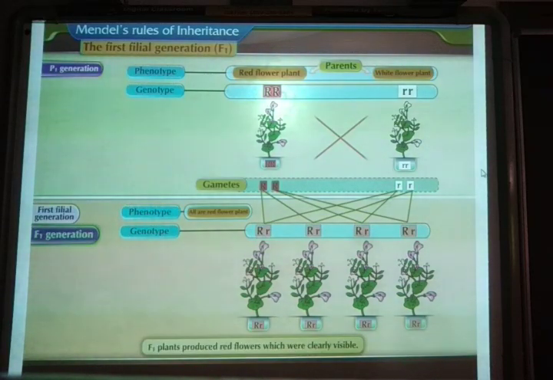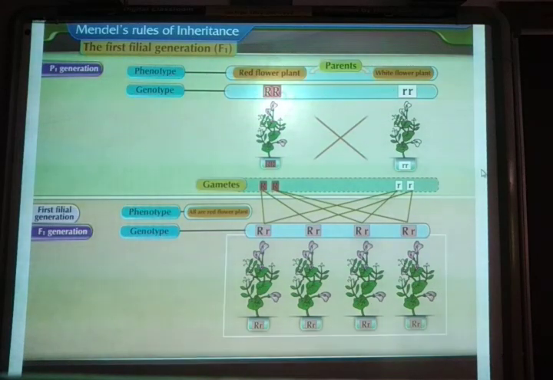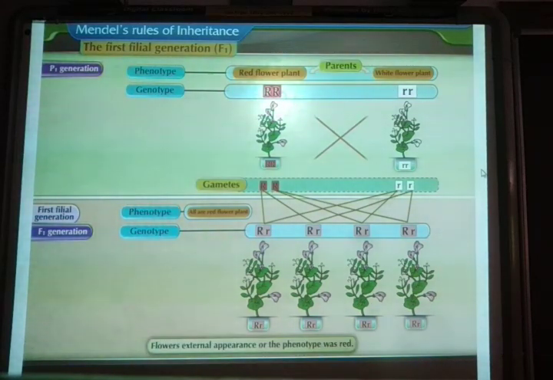These F1 plants produced red flowers which were clearly visible. That is, the external appearance or the phenotype was red. Thus, these F1 plants are phenotypically red but genotypically hybrids with a combination of capital R, small r.